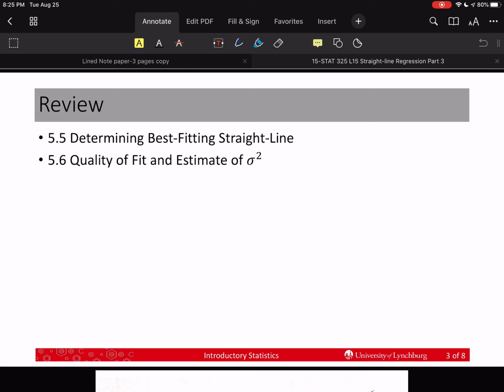And then to assess the quality of fit in a general sense, not in a testing sense, we took the sum of square error and divided it by its degrees of freedom, n-2, which made it the mean square error, and that is the estimate of sigma squared, the variance that's supposed to be the same for every value of x. So for every fixed value of x, the variance at that value is supposed to be sigma squared, and that is estimated by the mean square error.